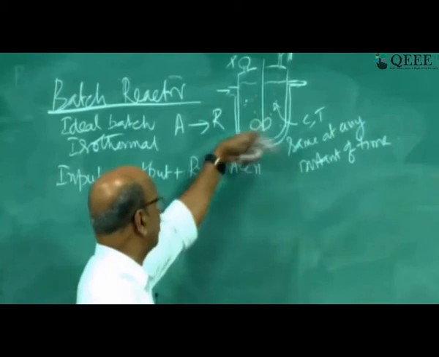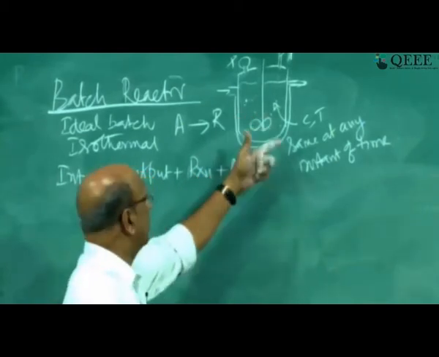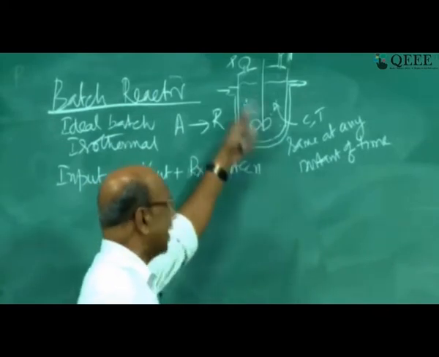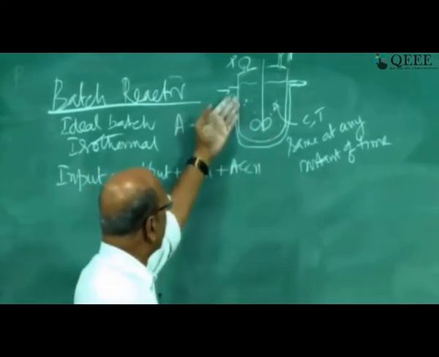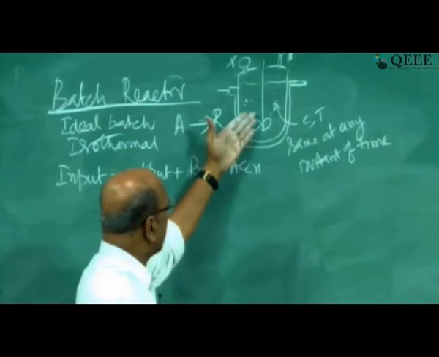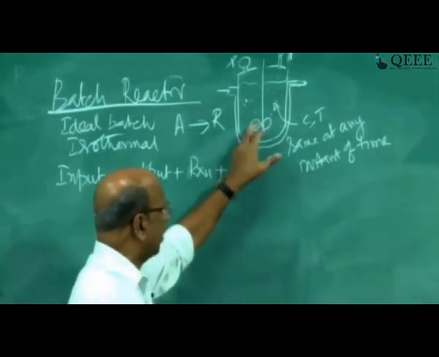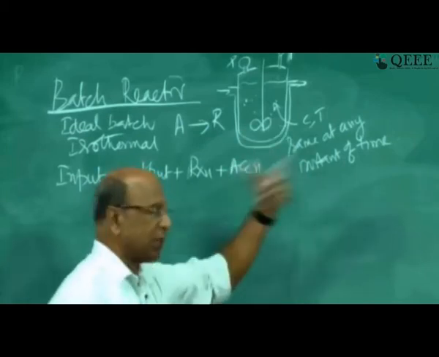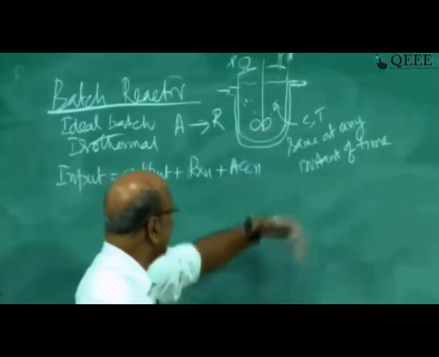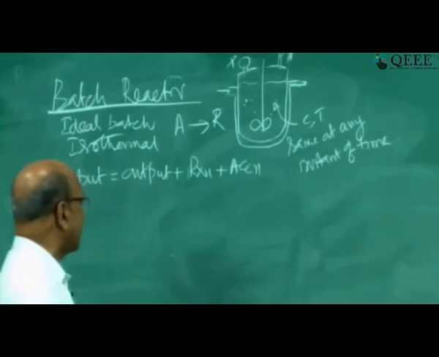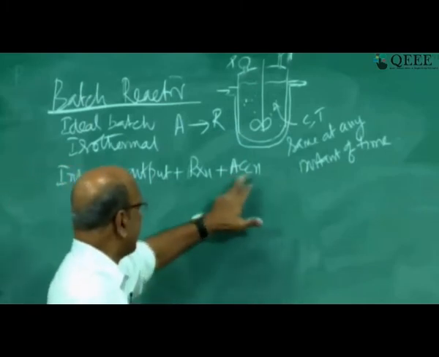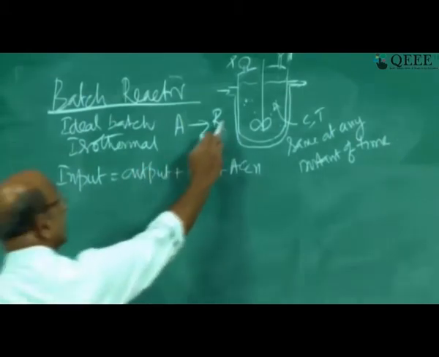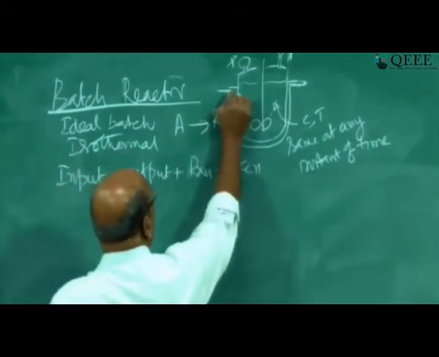That means there will always be accumulation, so the change is with time continuously inside the reactor. When I start at time t equal to 0 and observe after 1 minute, you will have some conversion. After 2 minutes, some other conversion. After 3 minutes, some other conversion, increasing. So it is a transient, unsteady state process, and this is reflected in the accumulation term.